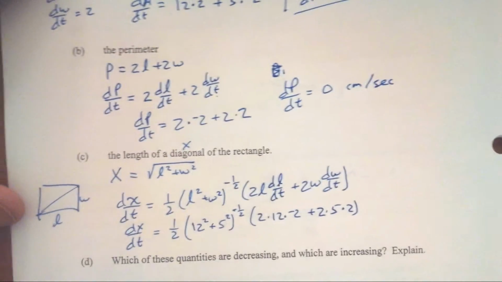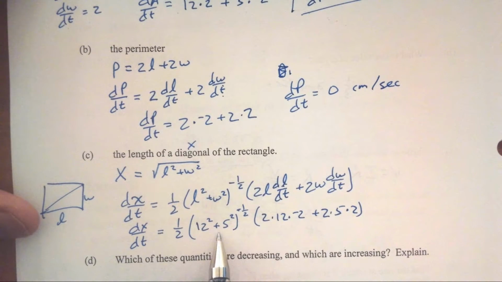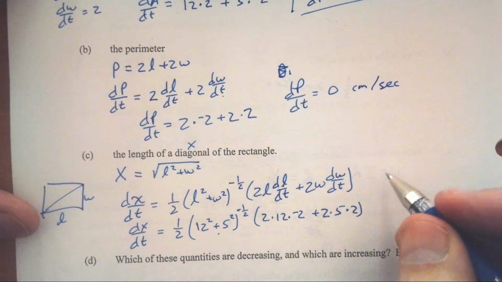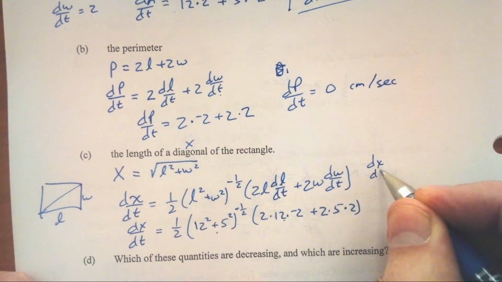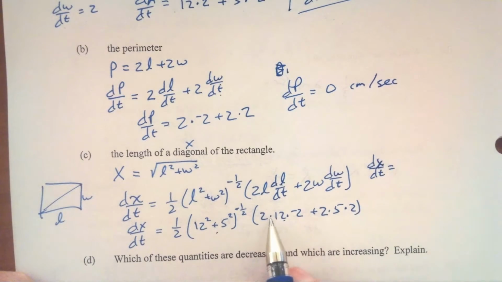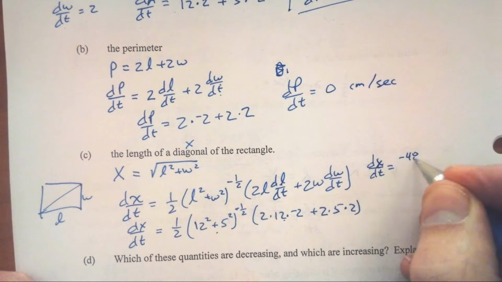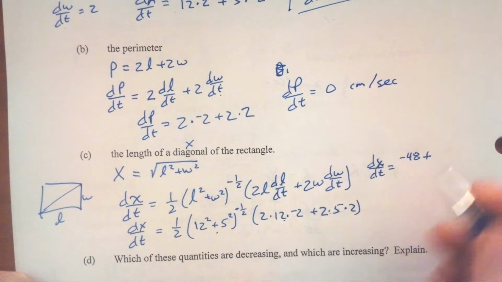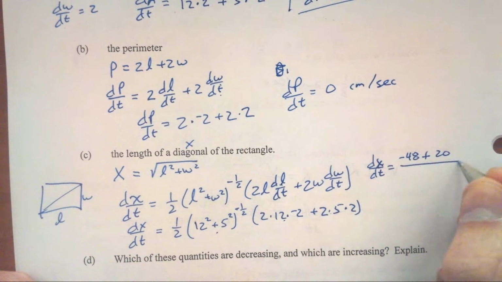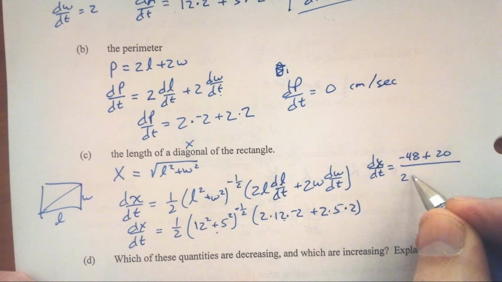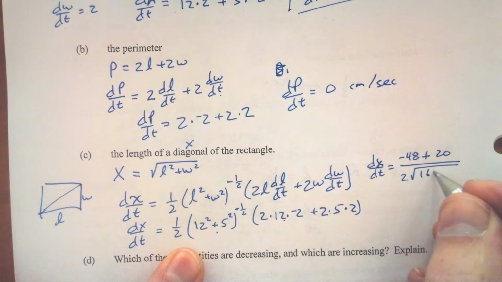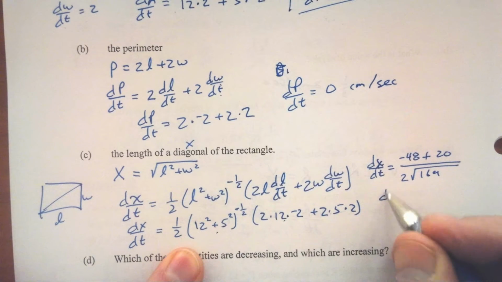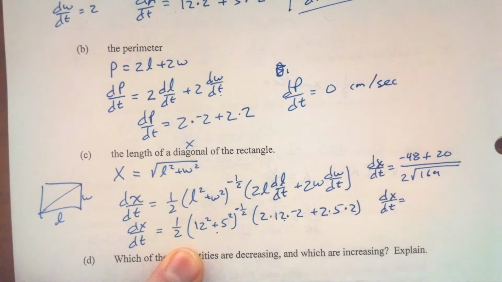So I'm going to clean this up just a little bit, put this in the denominator, and in the numerator I get dx/dt is 24 times negative 2, negative 48, plus 20, on 2 times the square root of... oh, this is perfect, this is a family. 144 plus 25, 169, so I get dx/dt equals, what do I get here?